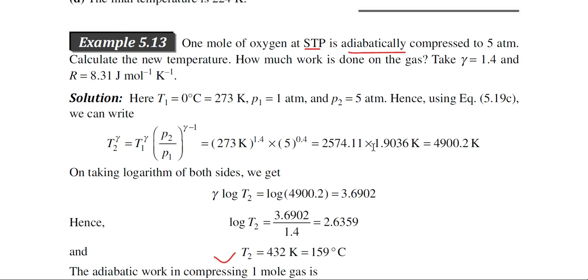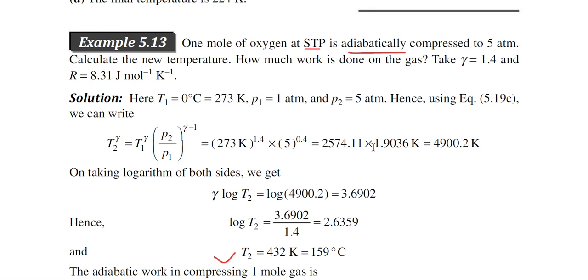Another problem is there: 1 mole of oxygen at STP is adiabatically compressed to 5 atmosphere. Calculate the new temperature, and how much work is done on the gas; gamma is given and R is given.